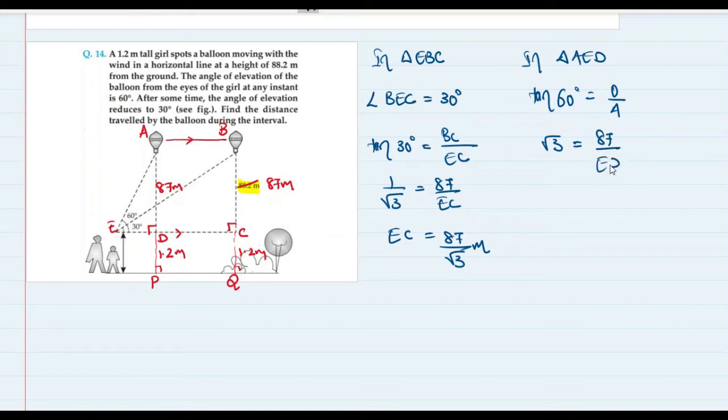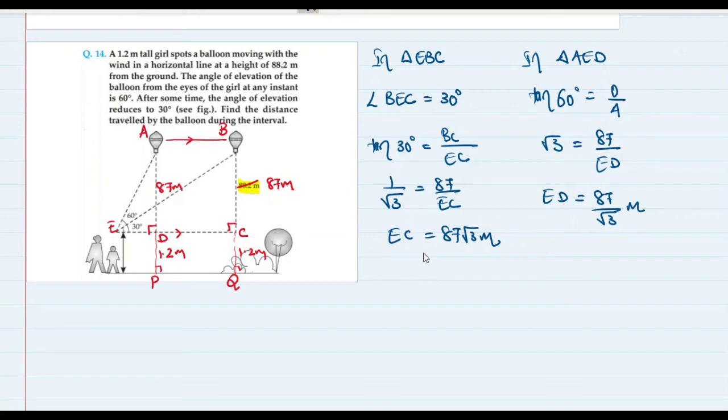Adjacent is ED. So ED is equal to, hey, so I made a mistake here. See, EC is 87 root 3, not 87 by root 3, 87 root 3 meters. Okay, and this will be 87 by root 3 meters, ED.